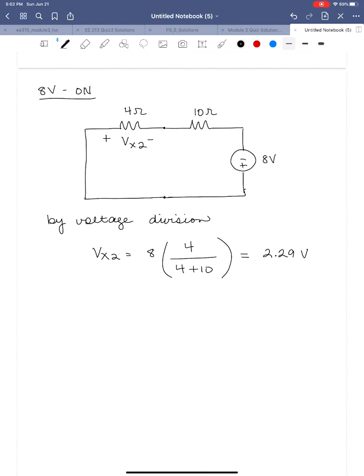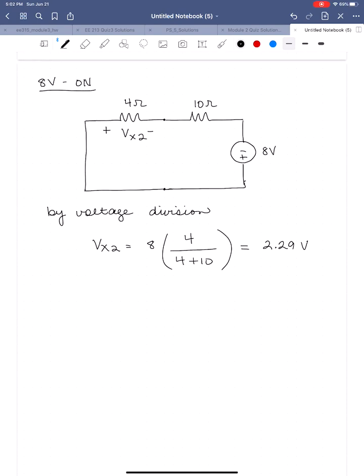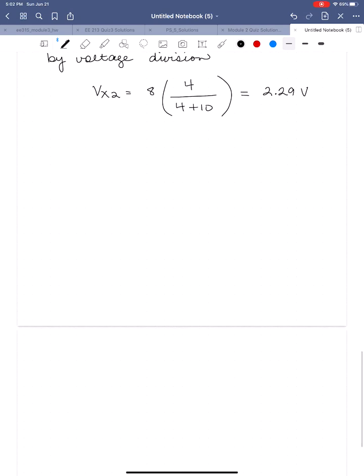Okay, so we've had the 2 voltage sources on, in 2 different circuits. It's now time to let the current source be on. So now we're going to have 3 amps on. So we'll have a short circuit where the 10 volt source is. We'll have our 4 ohm resistor. We'll have our current source on.